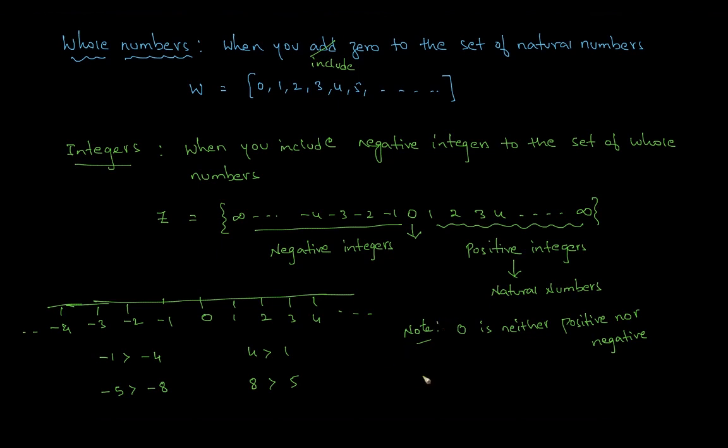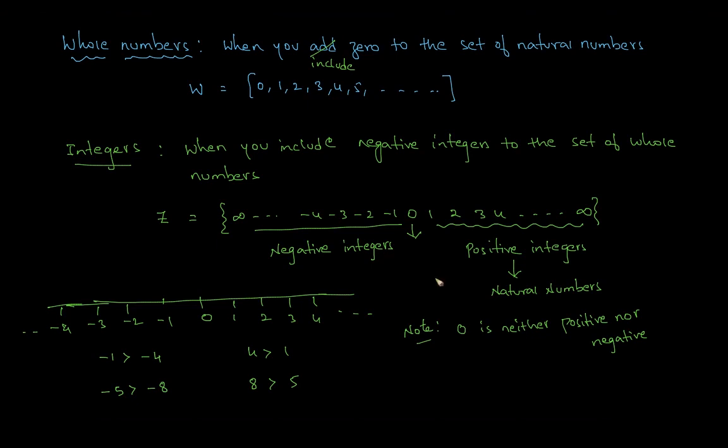If I ask what the non-negative integers are, which are not negative integers, you can say 0, 1, 2, 3, 4. If I say non-positive integers, you can say 0, minus 1, minus 2, minus 3, and so on.